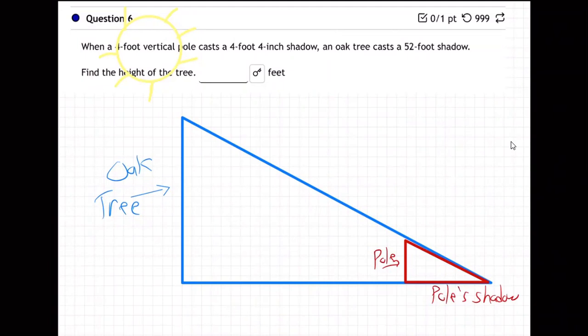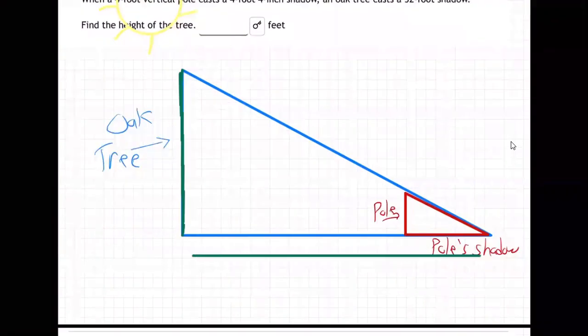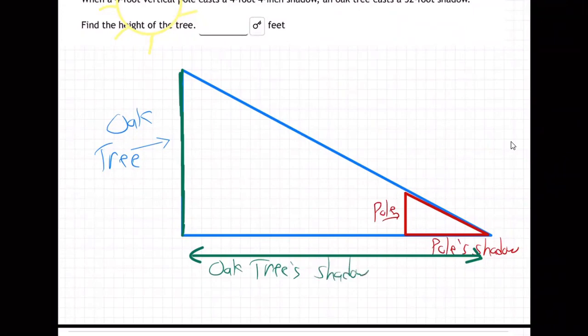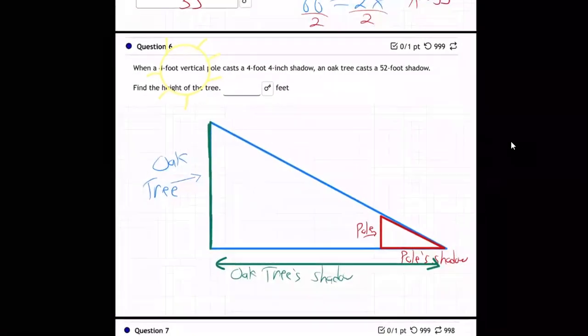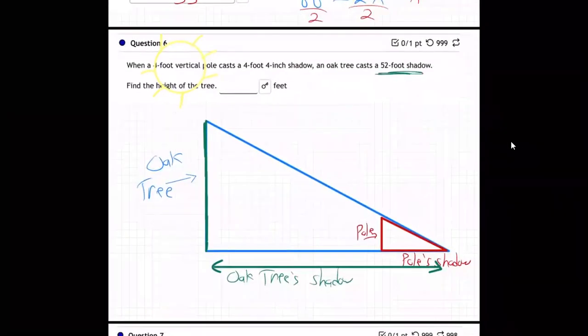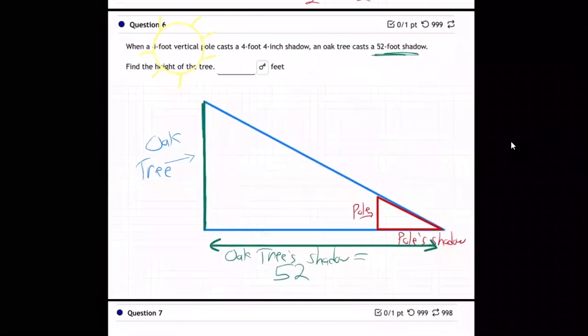So we've got this oak tree right here, casting a shadow on the ground. This is the oak tree's shadow, and they say it's a 52-foot shadow.